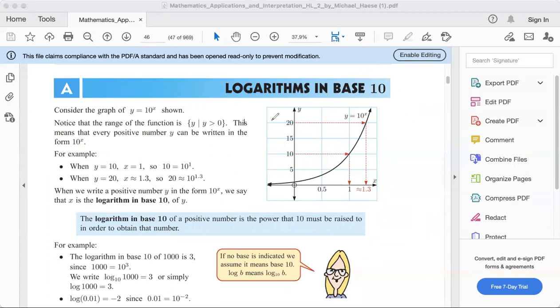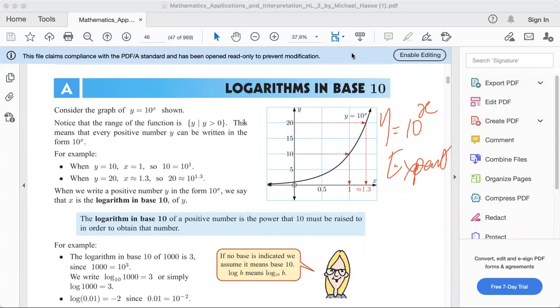So, logarithmic pair. Now, this is a graph of y equals 10 power x. In fact, it is not logarithm form, it is exponent form. But the logarithm function and the exponent function are inverse functions of each other. So this is a graph of the exponent function.